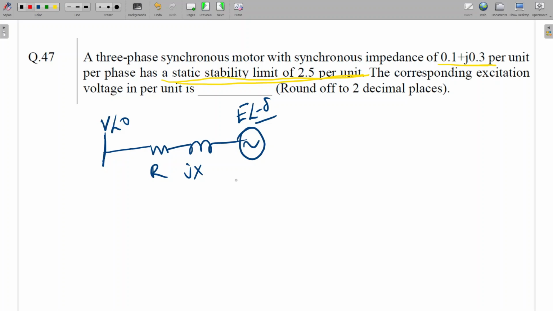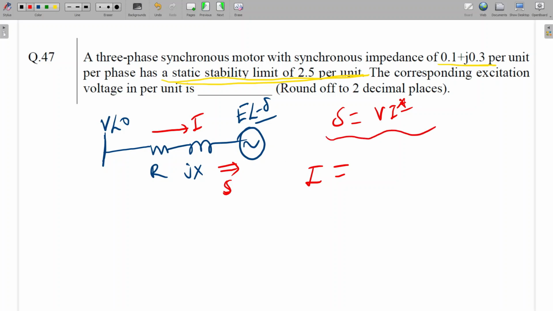So we can calculate the apparent power here. What is apparent power? S is equal to VI conjugate. First we can calculate the current flowing in this circuit. For any power transfer question, I recommend that if you are not memorizing the formula, you should apply S equal to VI conjugate.